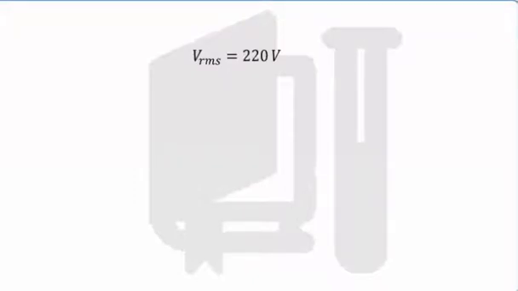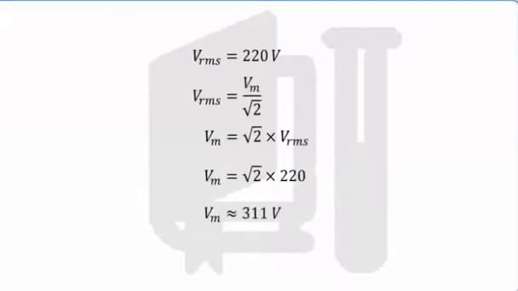Here, 220 volts is the RMS value of the voltage given to domestic consumers. The amplitude of the AC is root 2 times the value of RMS voltage. Thus, the amplitude of the AC given to domestic consumers is approximately 311 volts.